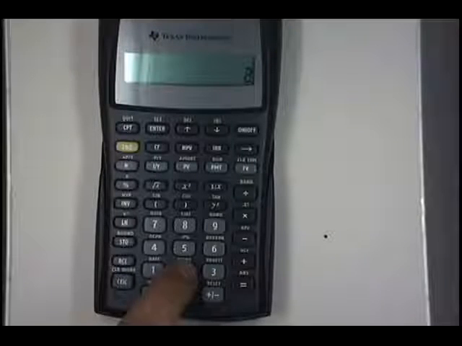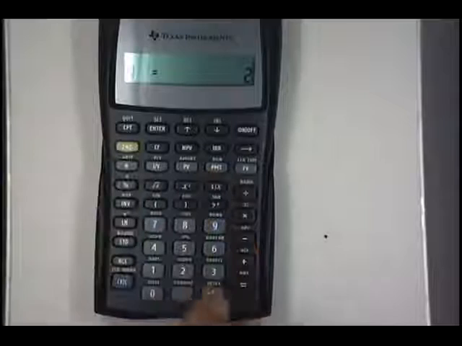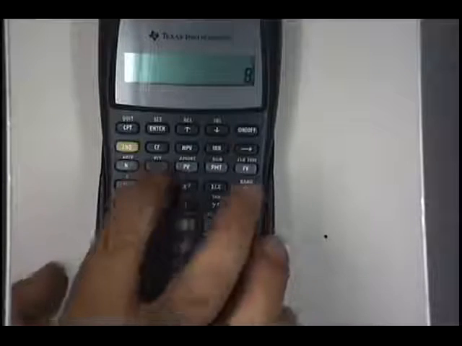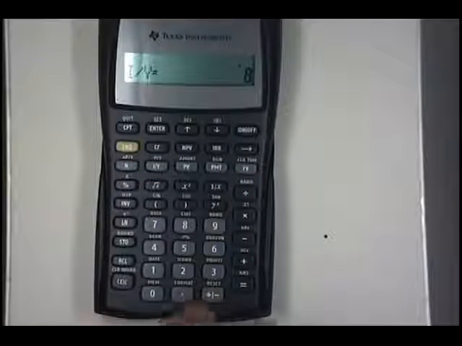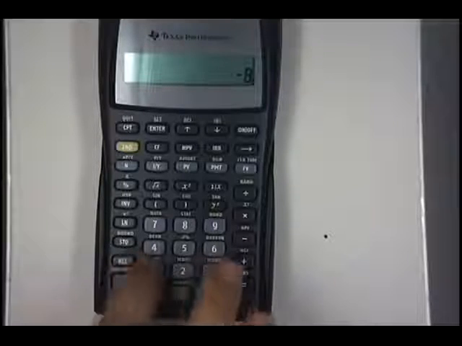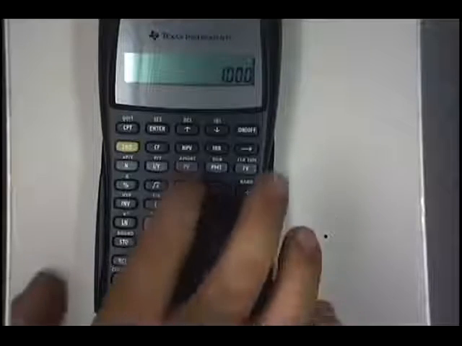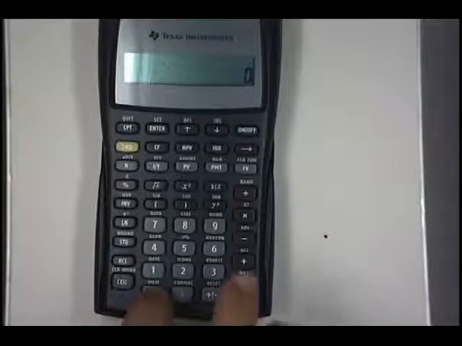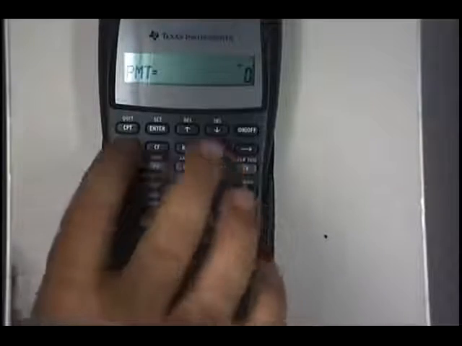I now have 2 periods, 2N. My interest rate is still 8%. My present value is still a negative $1,000. I am still not adding any money to it.